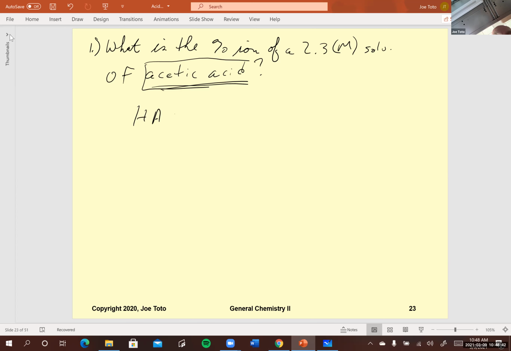So I know that this comes to equilibrium in water. And so I've neglected to put what it's in because pretty much that's all we've been talking about, aqueous solutions. And this whole chapter is all aqueous.